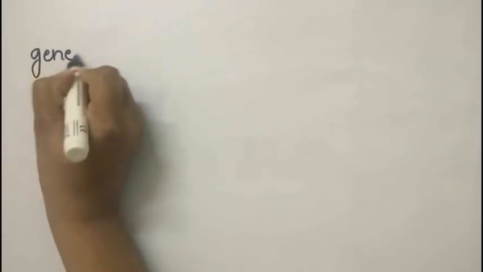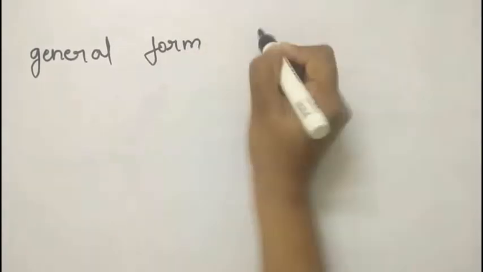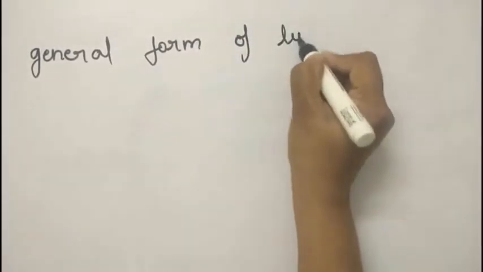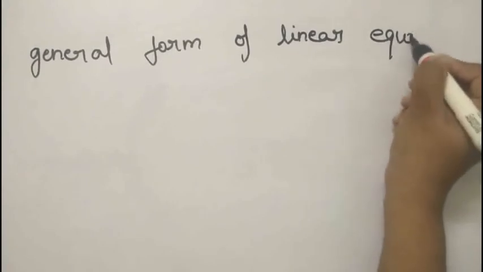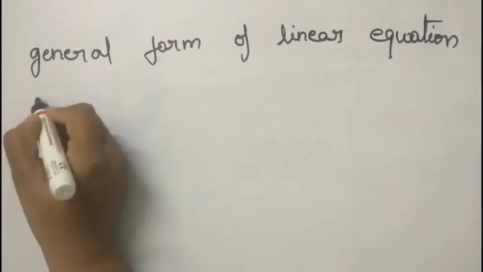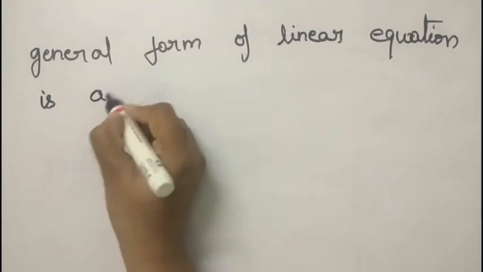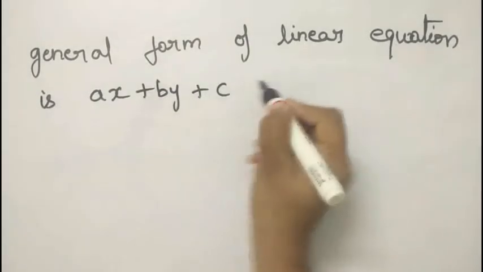In the previous video, we studied that the general form of a linear equation is ax plus by plus c equal to 0.